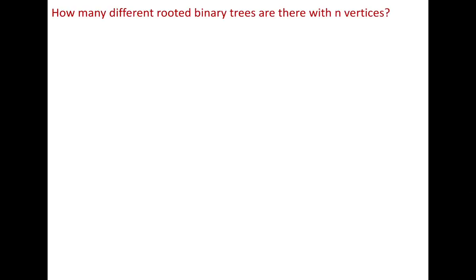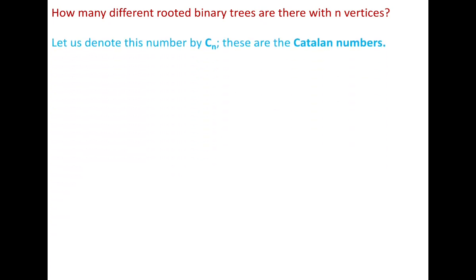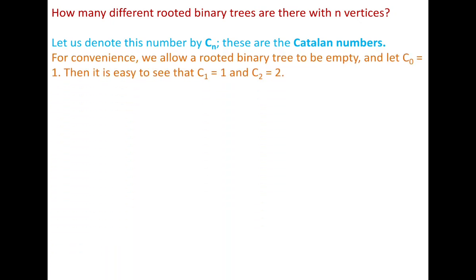Now there comes a combinatorial problem which asks how many rooted binary trees are there with n vertices. We are going to address it using the concept of generating functions. Let us denote the number of rooted binary trees with n vertices as Cn, which we call Catalan numbers.